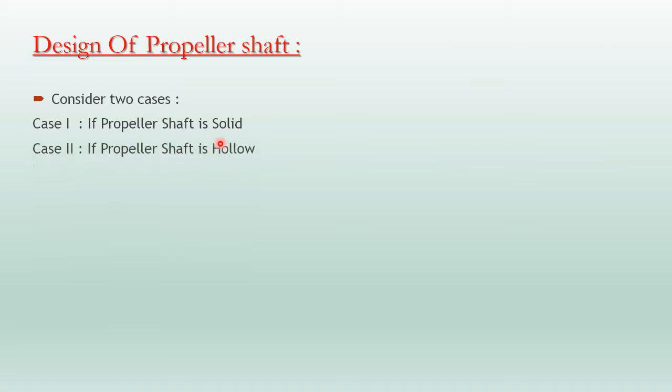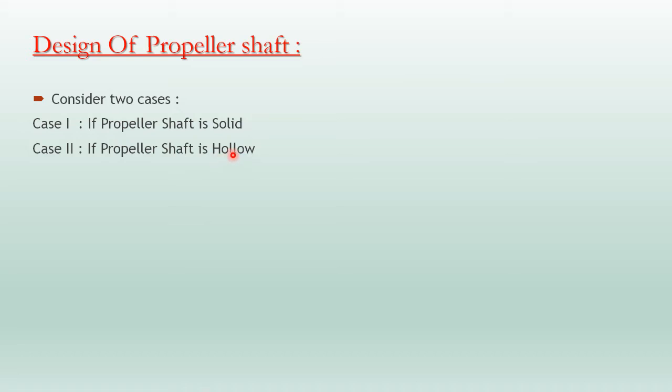So before designing the propeller shaft, consider two cases. The case number first, if the propeller shaft is solid. In some application the propeller shaft is solid, but in some application the propeller shaft is hollow. For example, heavy duty buses and trucks, for reducing the weight of propeller shaft, it is made up of hollow.